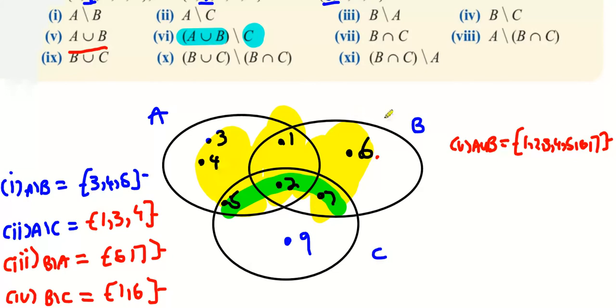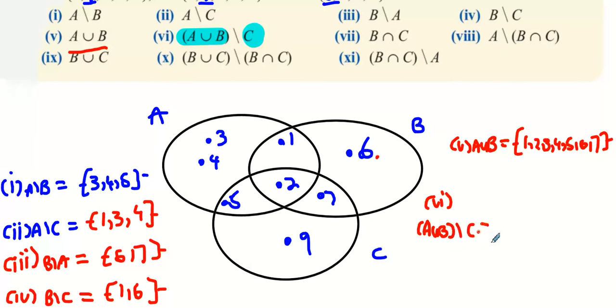So it's simply 1, 3, 4, and 6. So for part 6, A union B, less C is 1, 3, 4, and 6.